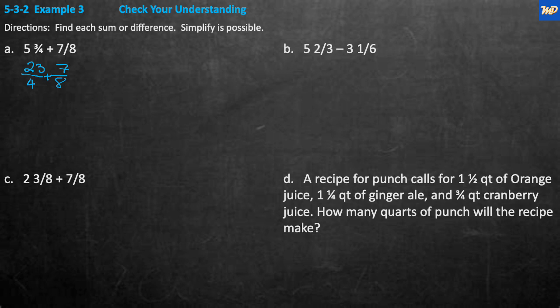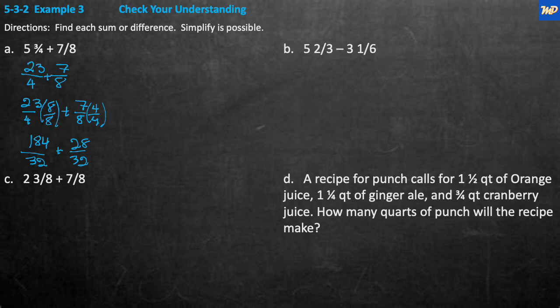So it's 23 over 4 times 8 over 8 plus 7 over 8 times 4 over 4. We multiply it out. 23 times 8, 8 times 20 is 160, plus 24 is 184, and the denominator is 32, and it's plus 28 over 32.